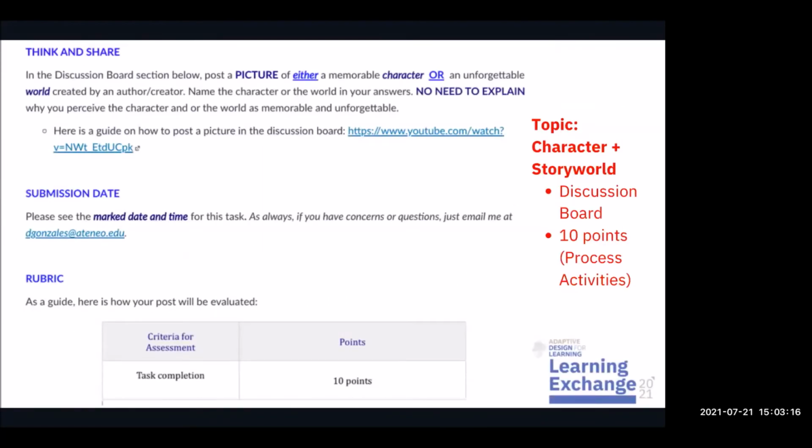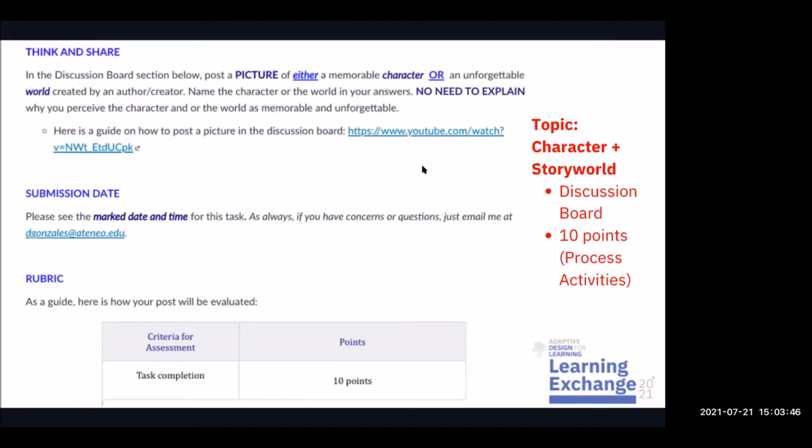Now this next one is lighter, a lighter task compared to the 25-point class discussion earlier. My topic here is character and storyboard. They just need to post a picture of a memorable character or a story world, also based on our discussion before this page.